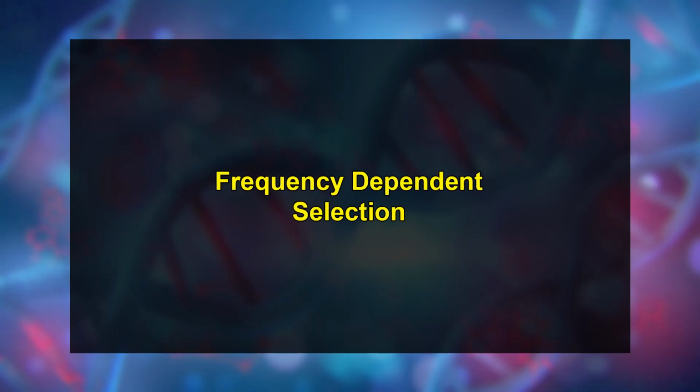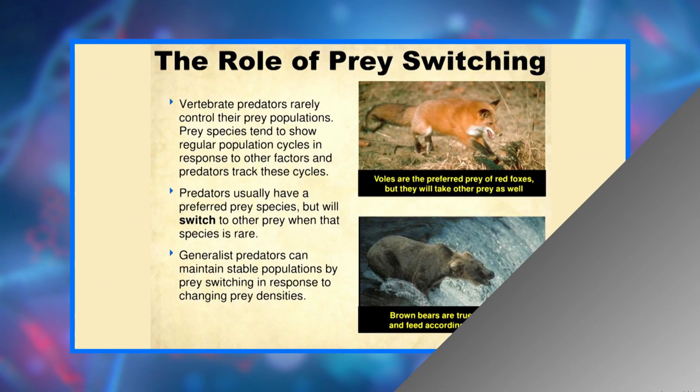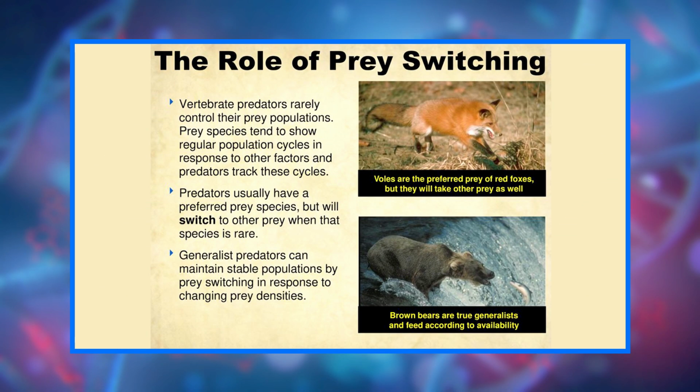Frequency dependent selection: the fitness of a particular phenotype is dependent on its frequency relative to other phenotypes in a given population. For example, prey switching, where rare morphs of prey are actually fitter due to predators concentrating on the more frequent morphs.